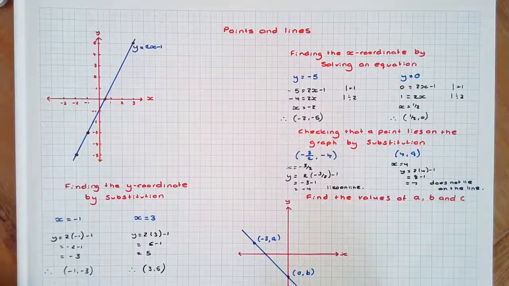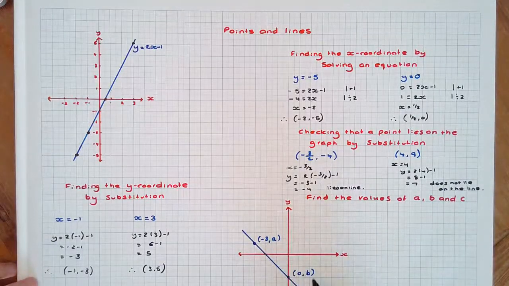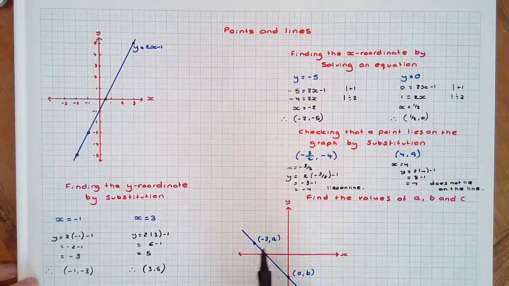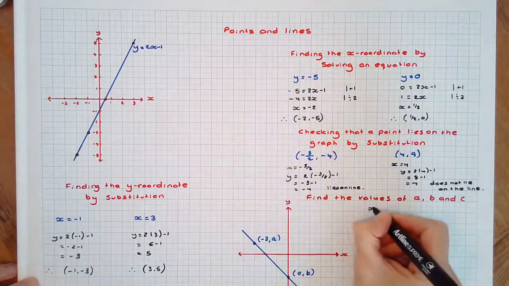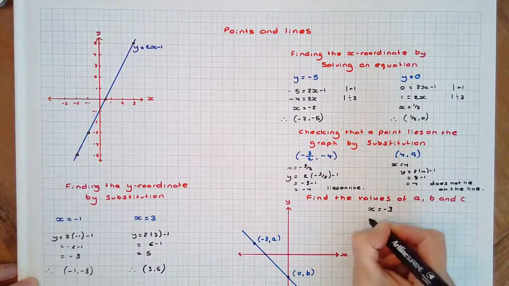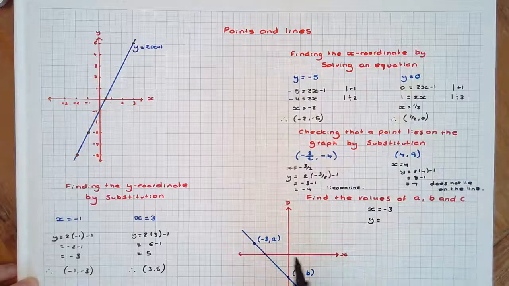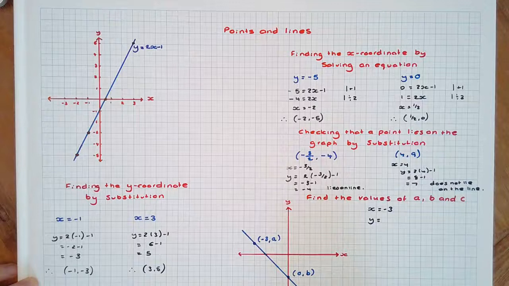Here we have an example where we're asked to find the values of a, b and c. Let's start off with a. In this coordinate, x equals negative 3. Therefore, y equals, the equation is negative x minus 2.